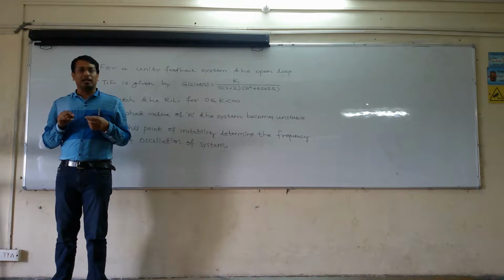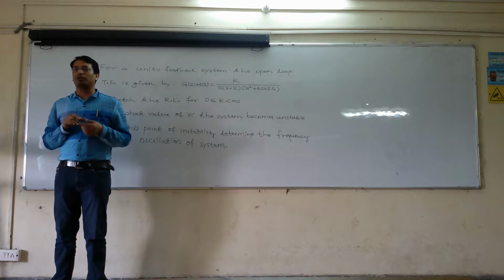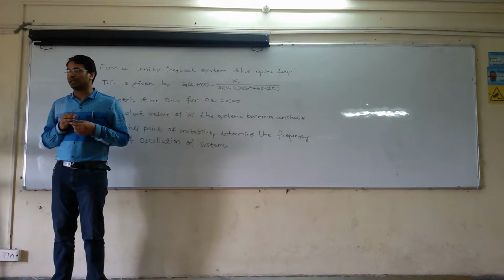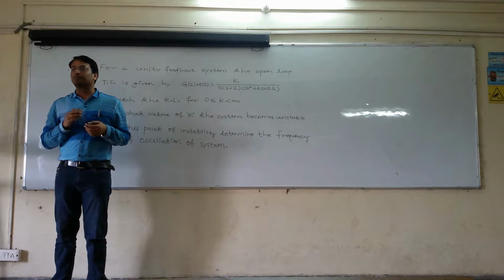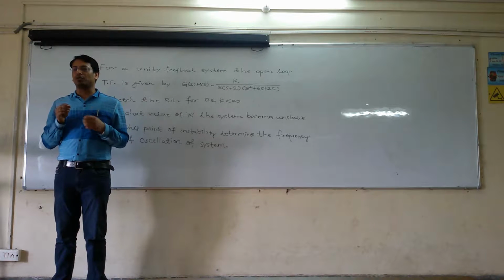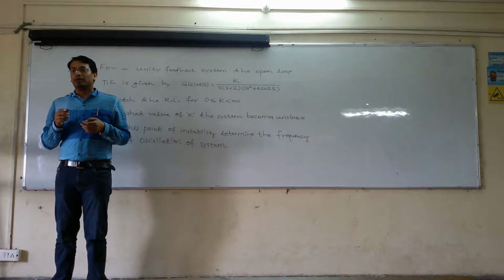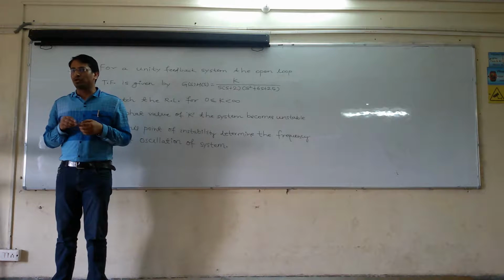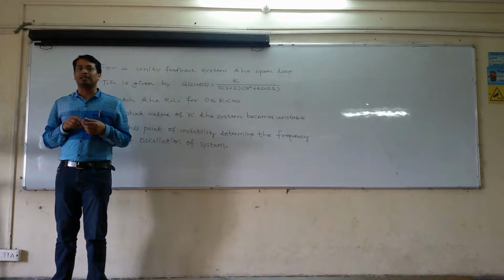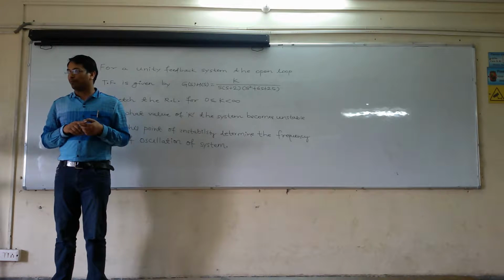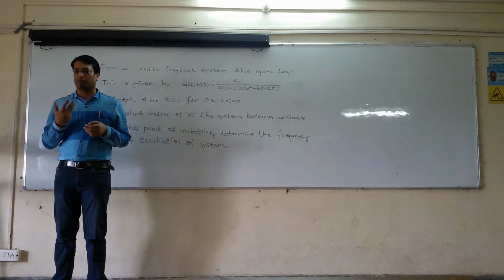Second, if there are two zeros on the real axis and the section between these two zeros is part of the root locus, then there is a possibility of a breaking point. Third, if there is a zero on the real axis and the whole axis to the left of this zero is part of the root locus, then once again there is a possibility of a breaking point.